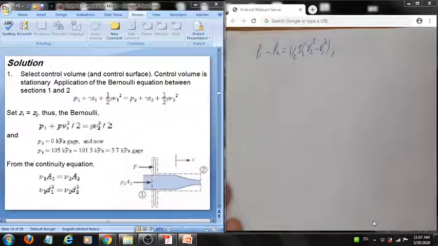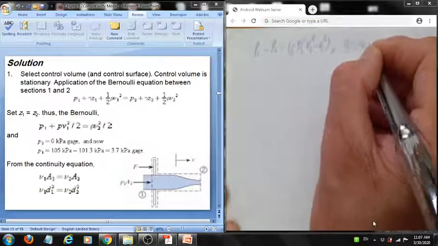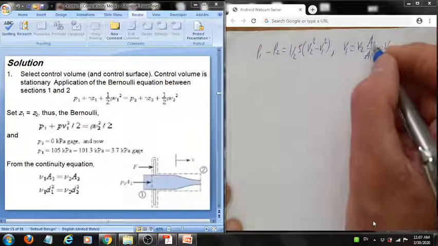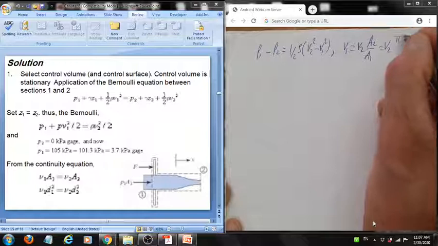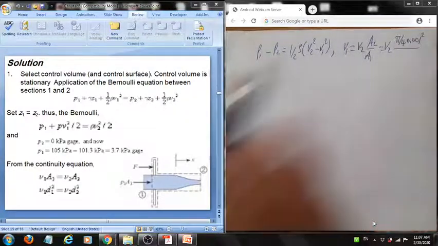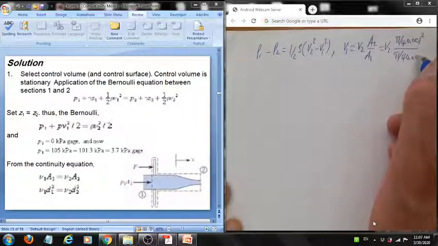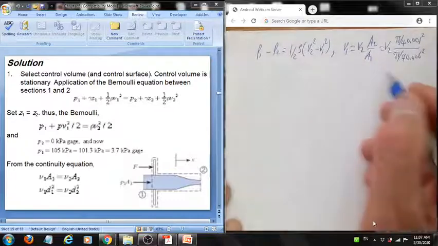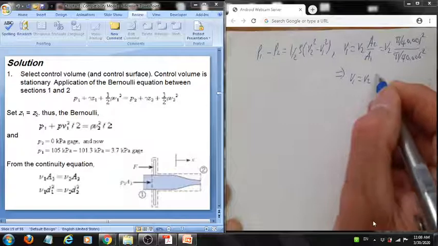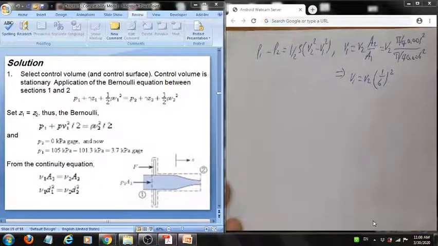Now we use the mass balance to say that V1 equals V2 A2 over A1, which is V2 times pi over 4 times (1 millimeter squared, converted to meters) over pi over 4 times (0.006) squared, which implies that V1 equals V2 times (1/6) squared.